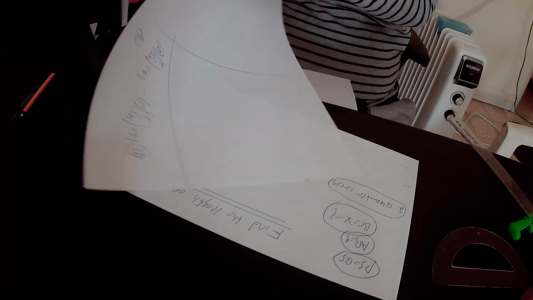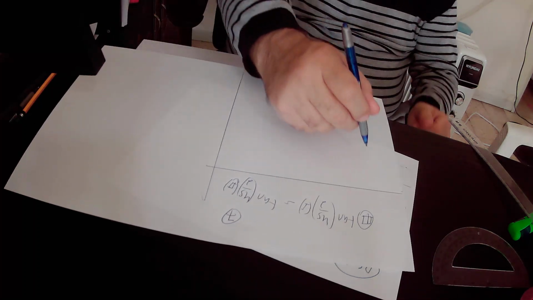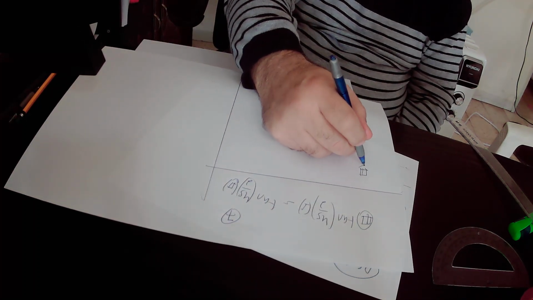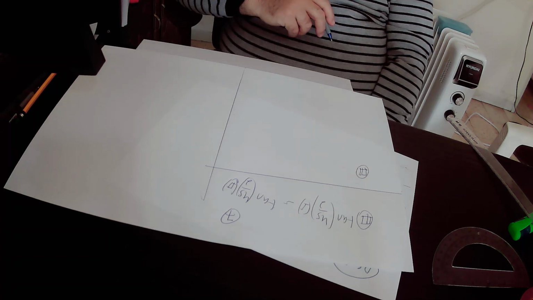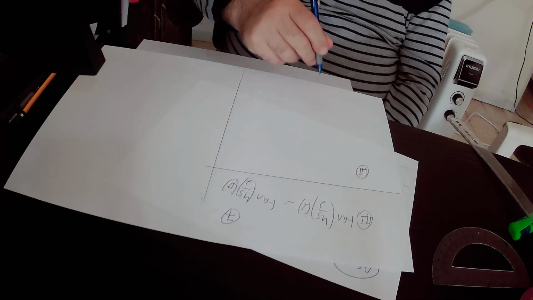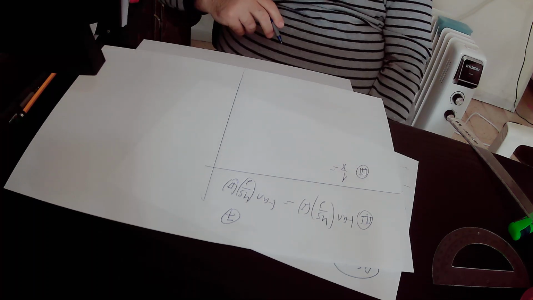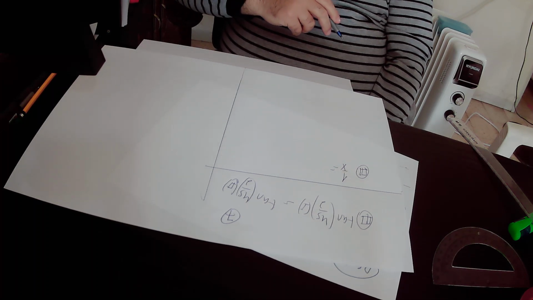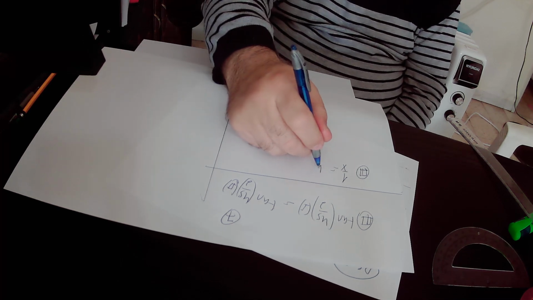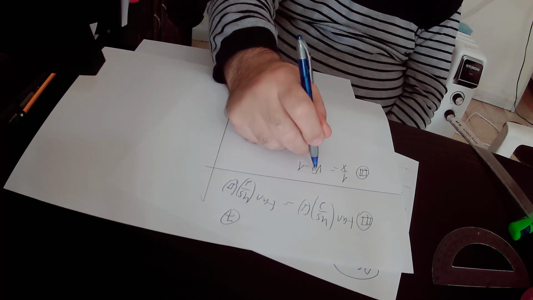So tangent of 45 over 2 degrees according to equation number 1 is 1 over x, and it must be equal to tangent of 45 over 2 degrees according to equation number 2, that is actually the square root of 2 minus 1.